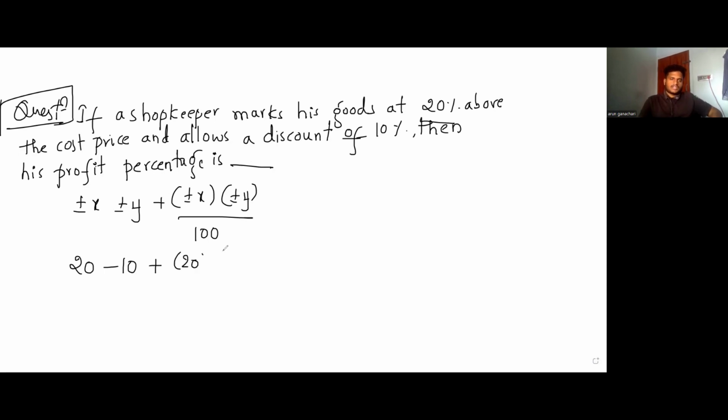And then we have 20 minus 10 minus 20 into 10 divided by 100. 0 and 0 will get cancelled. 0 and 0 will get cancelled. 20 minus 10 is 10. 2 into minus 1 is minus 2. What is 10 minus 2? 8%. Getting this?